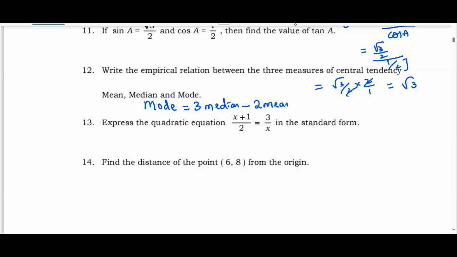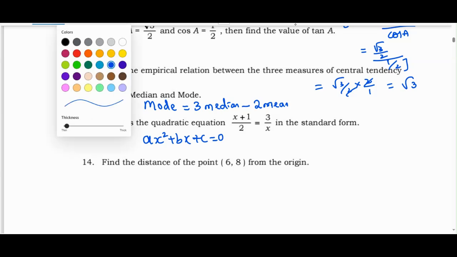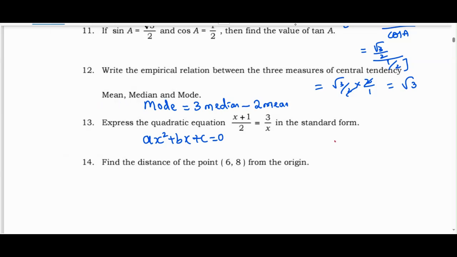The next one is express the quadratic equation in a standard form. What is the standard form of a quadratic equation? It is ax square plus bx plus c equals 0. So we have to convert this into the form of a quadratic equation. So the equation is x plus 1 divided by 2 equals 3 by x. Cross multiply.